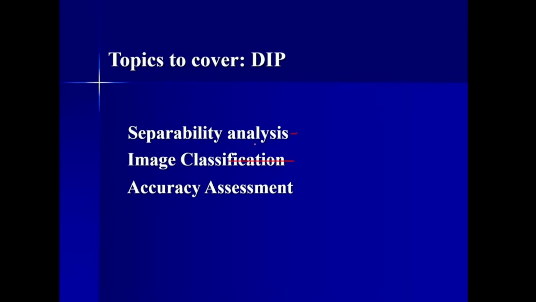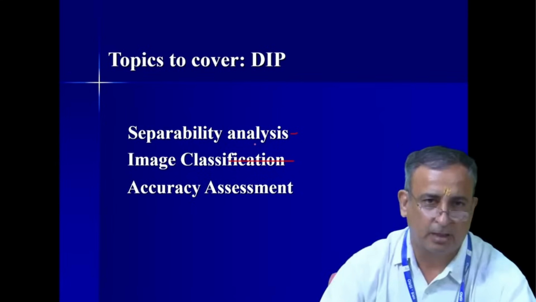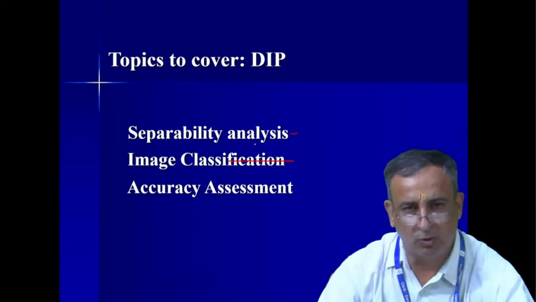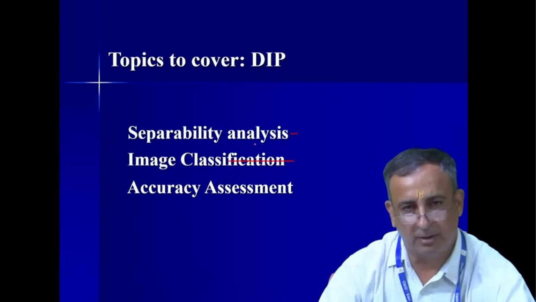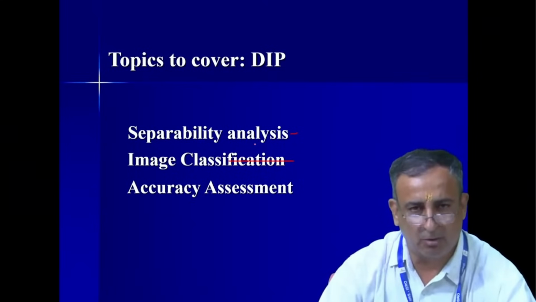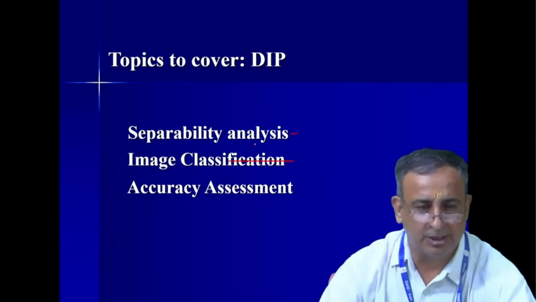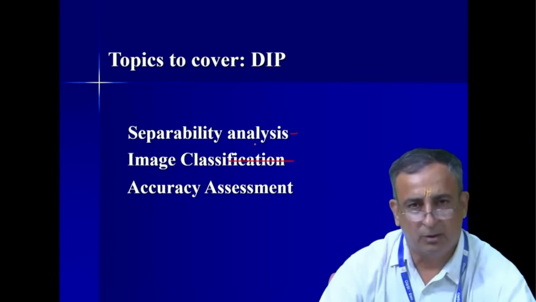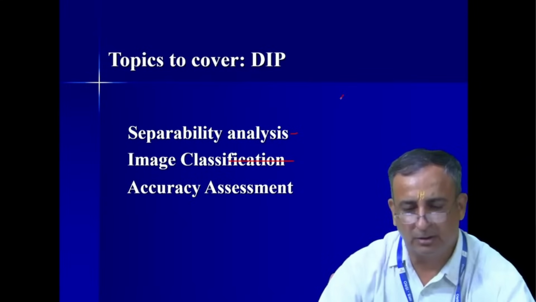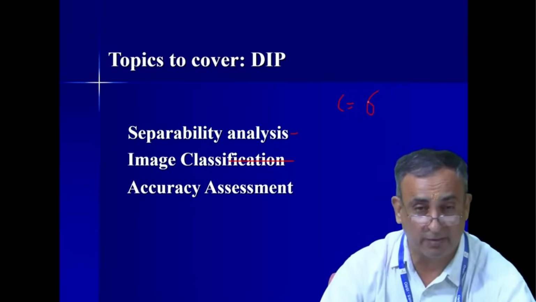If you think about a multispectral image, there can be 4 to 10 or 12 spectral bands, and if you talk about a hyperspectral image, you may have a large number of 100, 200 contiguous bands. When the bands are more, and you are extracting, suppose C is equal to the number of classes, suppose 6, from a given image, and if your processing machine is not very high, it may take a lot of time if the image size is also very big.